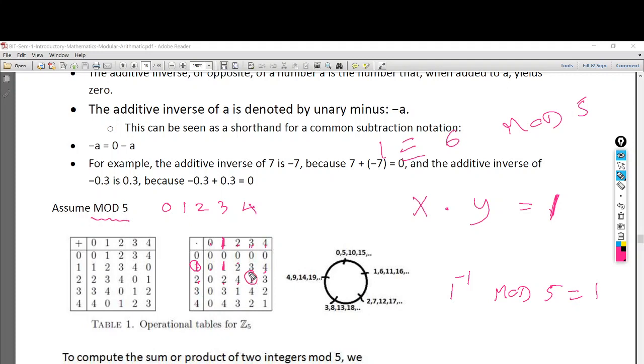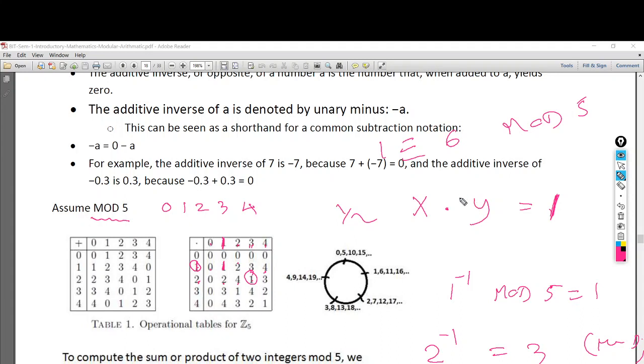So I can say that the inverse of 2 in mod 5 is 3. Now you can see that this is different from normal arithmetic. In normal arithmetic, the inverse of 2 is a half. But in modular arithmetic, we don't have fractions.